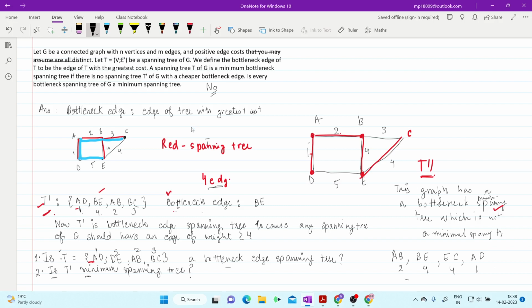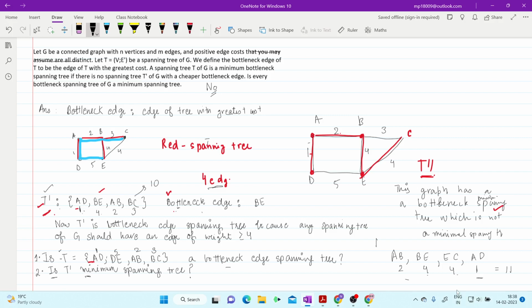If you add these weights, you are getting total weight to be 11. But earlier we have constructed this T prime which has total weight 10. So since it has a higher weight than T prime, this cannot be a minimal spanning tree.